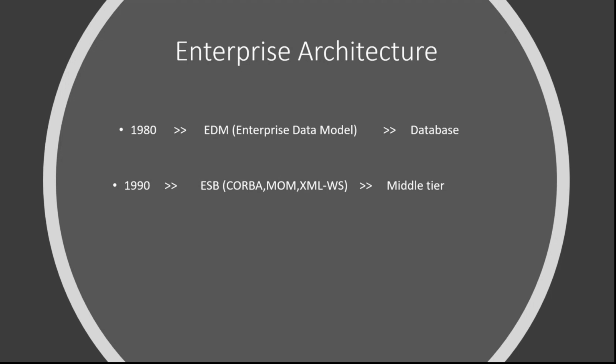This is nearby 1990. In that particular time, these technologies were actually used to create distributed environment communication. Distributed environment means how two systems are going to communicate with each other, right? That is distributed environment communication.